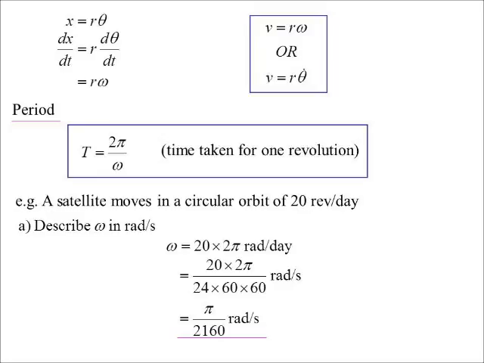So it doesn't seem to be moving that quick, because if you think about a radian, well, pi, 3.141592, etc., but divided by 2,160, so every second it's sweeping out a very small angle.